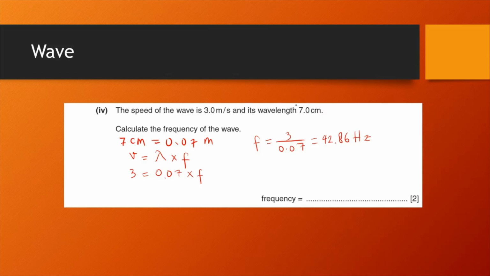So when the problem uses one significant figure, we can use up to 2 significant figures. So let's round this off to 43 Hertz. Write down the answer in the provided space. 43, don't forget the unit Hertz.